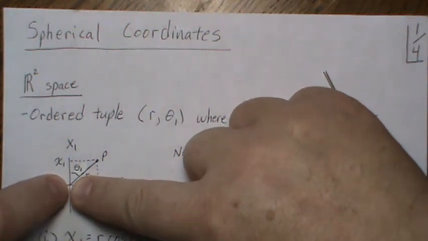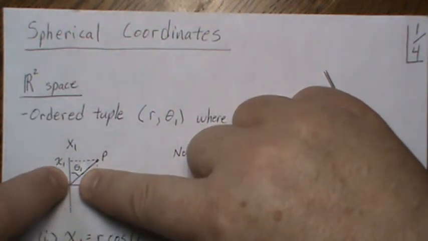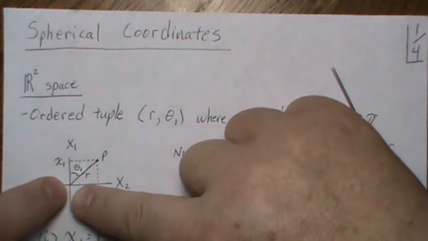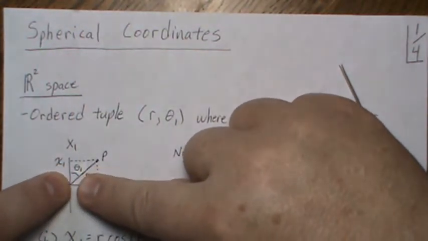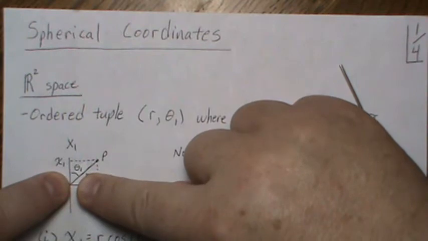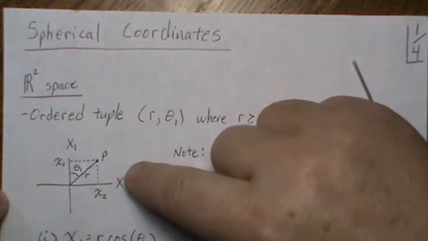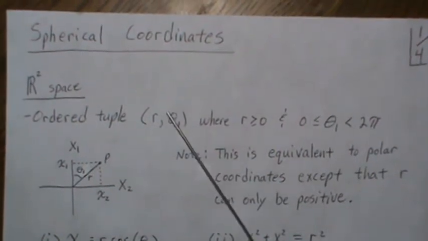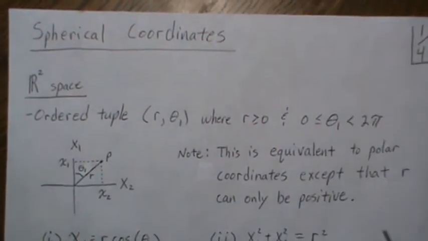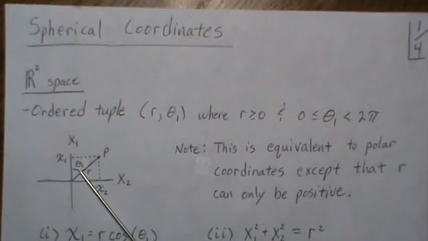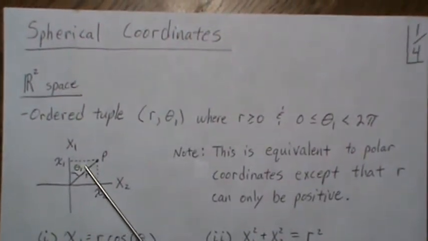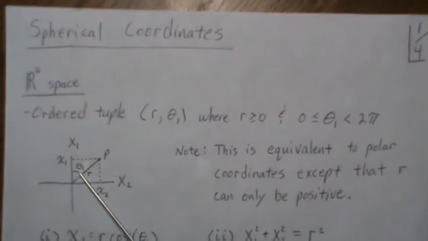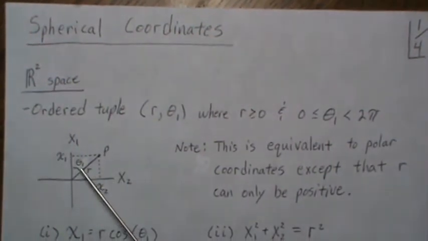We can draw a line from the origin to the point and create that angle, regardless of x2. We don't need it to create x1. Now, we need x2 to know distance, etc. But to know x1, we only need this triangle. We don't need x2.